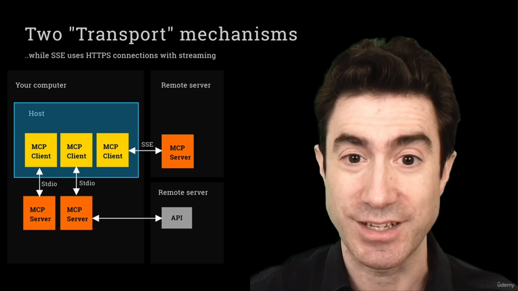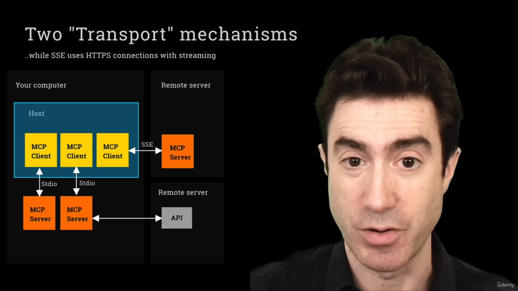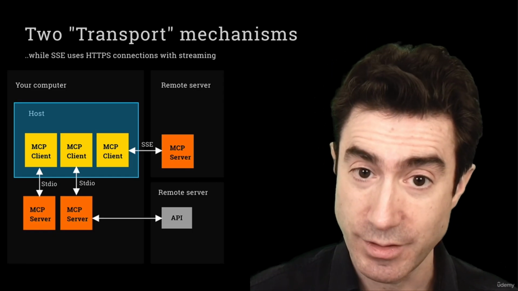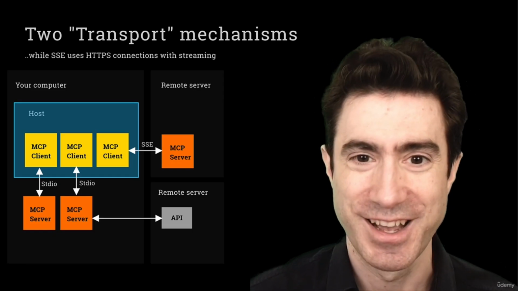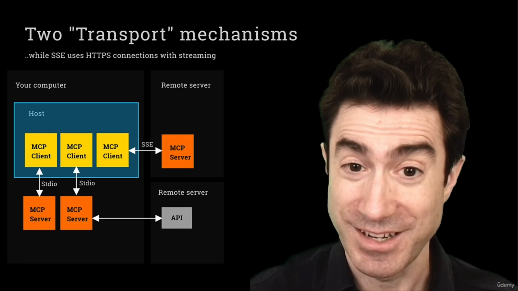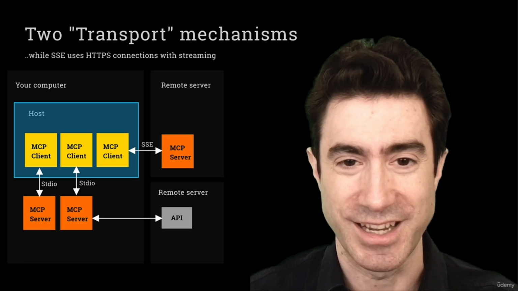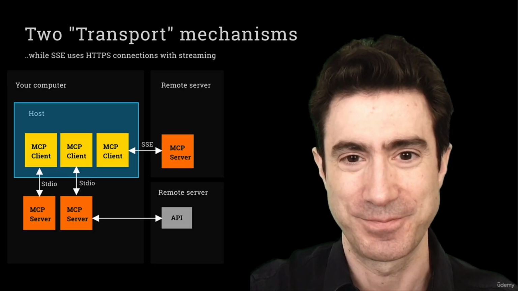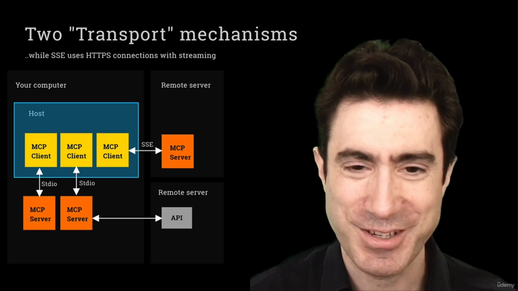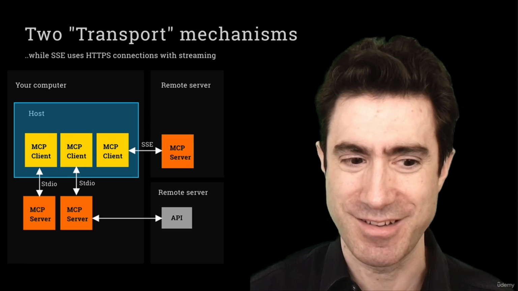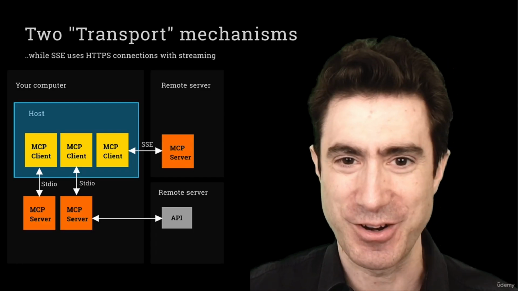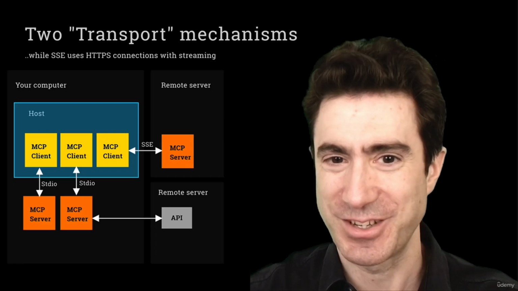You can't use STDIO for connecting remotely like that. It has to be SSE. If you're using local MCP servers, the common case, then it can be either STDIO, Studio, or SSE, either way. And it's most common to be STDIO. Okay, so take a good look at this, make sure that it's getting clear in your mind. You know the difference in a host, an MCP client, MCP server, the three different arrangements, SSE versus Studio.